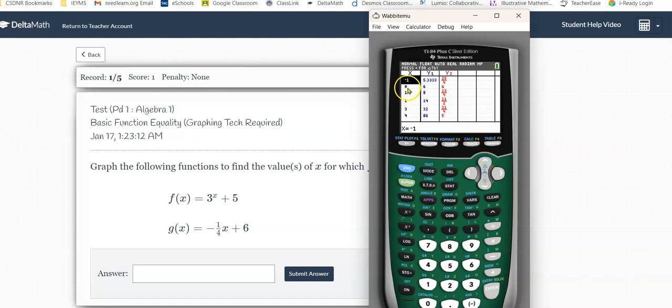So I see one here at 0, but then I guess I'm curious if there's another one. But I definitely know there's one at 0. So I'm going to actually look at the graph because it makes it faster for me to know if there's more than one intersection.